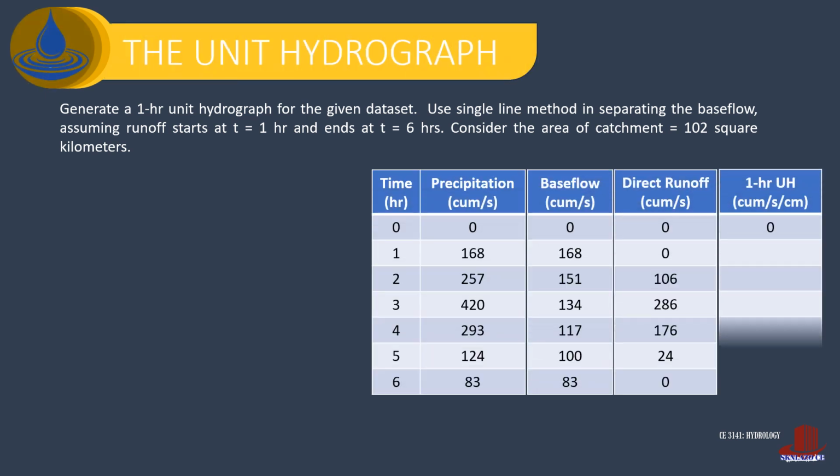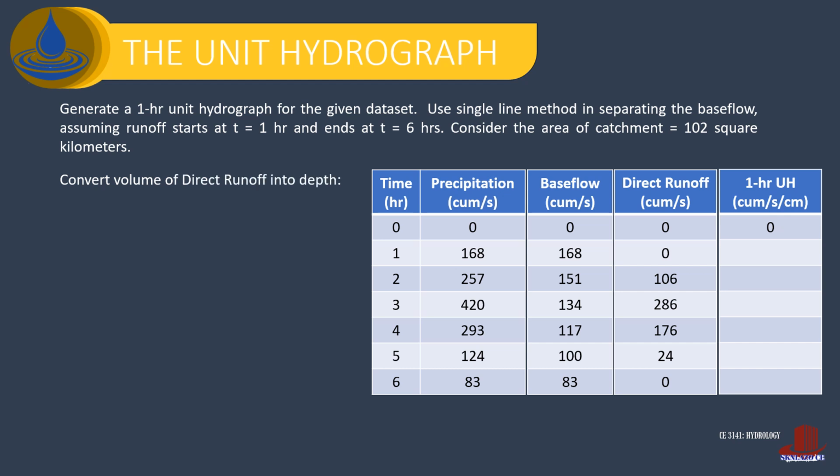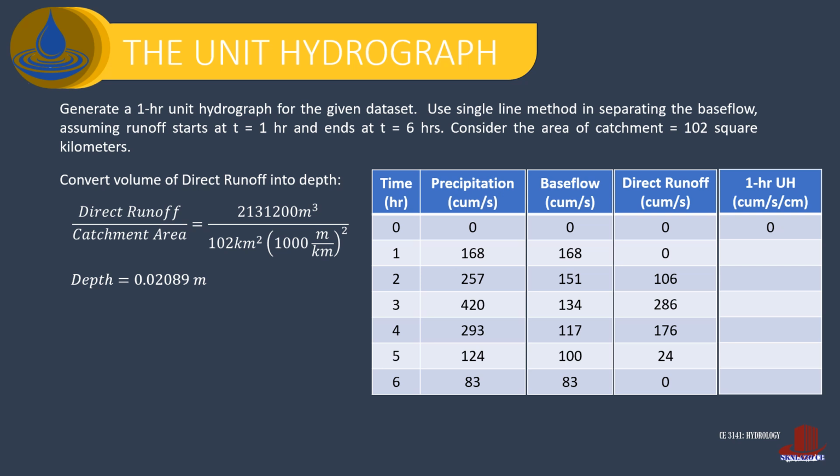After taking the volume, have this converted into depth, and that is by dividing direct runoff volume by the catchment area, or 2,131,200 cubic meters upon 102 square kilometers, with a conversion of 1,000 meters per kilometer. The depth is then computed as 0.02089 meter, or take it as 2.089 centimeters.